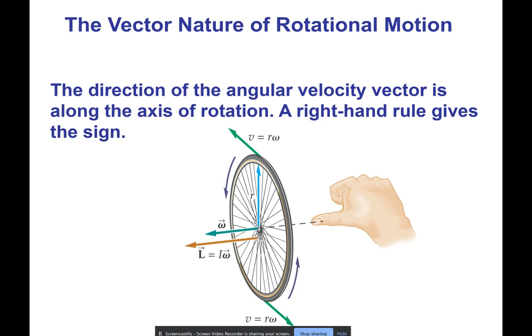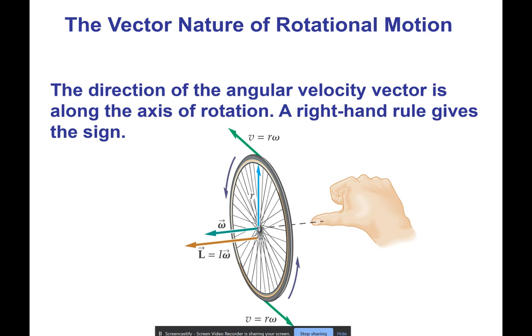So think about using your right hand. The wheel in this case is rotating towards the screen and then out of the screen, and that's the direction you want to put your fingers. Your fingers go in the direction of the motion of the wheel, and you see that your thumb is going, in this case, towards your left.